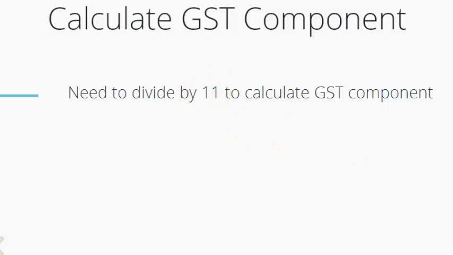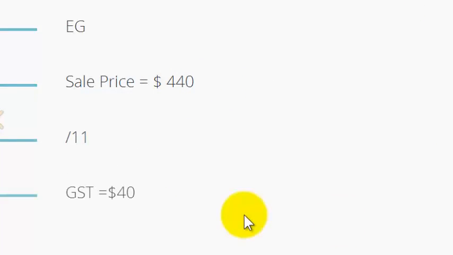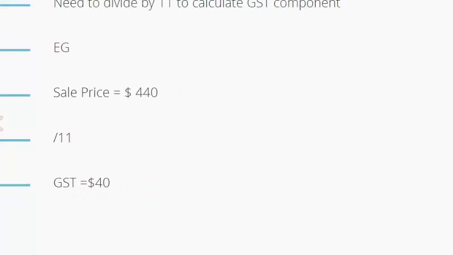That's why for any amount you have to divide by 11 to get that one item that you need, that is the GST. And here's your calculation. So for example, the sale price is $440. You divide that by 11 and you get the GST of $40, and that's the component that we must remember in order to account for the GST, either as a rebate or indeed if we sell a good or service.